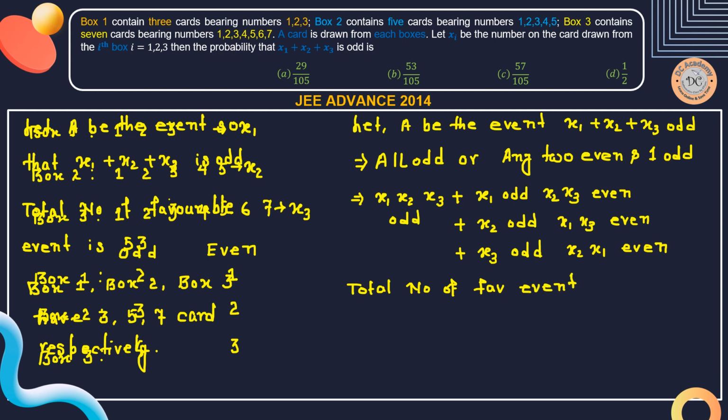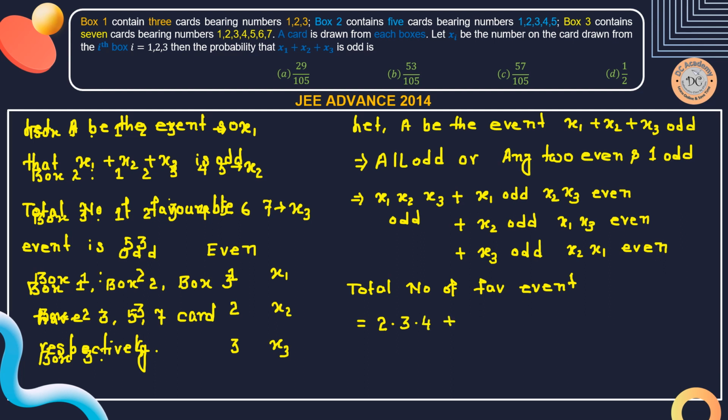When x1, x2, x3 are all odd, x1 can be chosen out of two odd cards, so it is 2. x2 can be chosen from 3 odd cards, that is 3. And x3, one card can be chosen out of 4 odd cards, so 4 ways. That is 2 times 3 times 4.